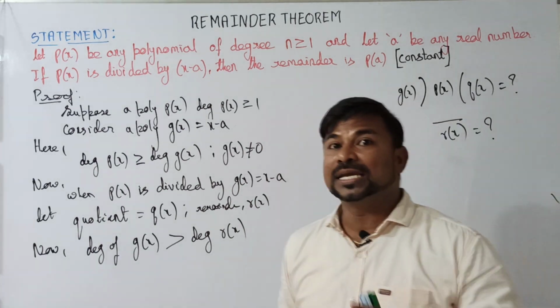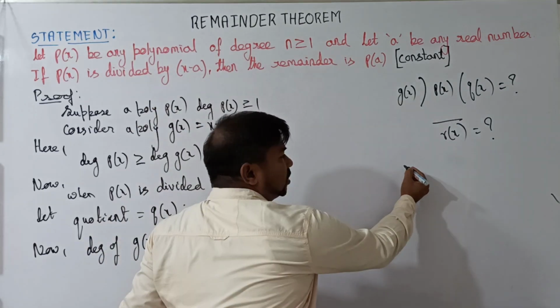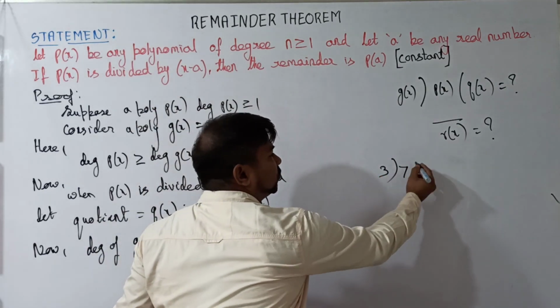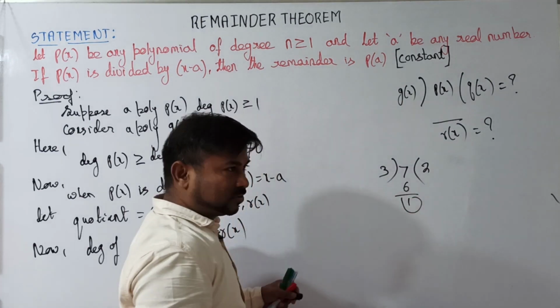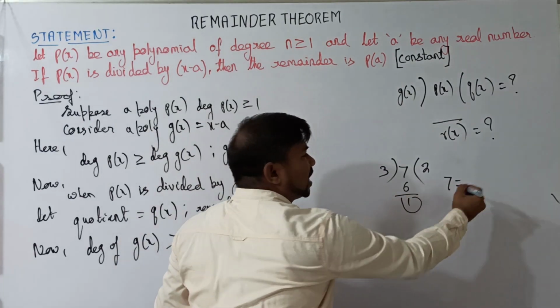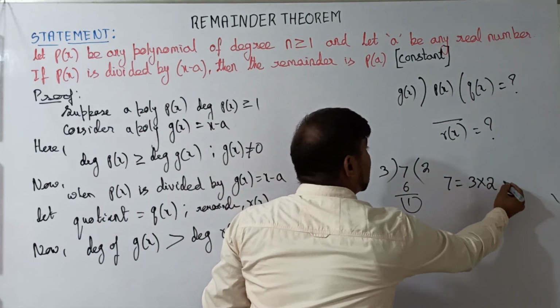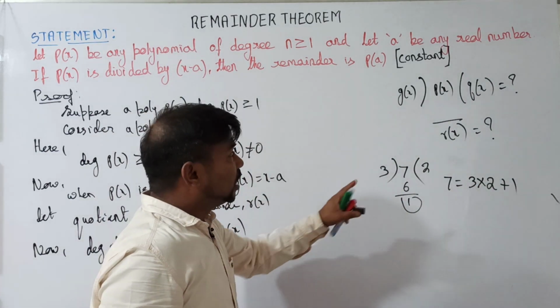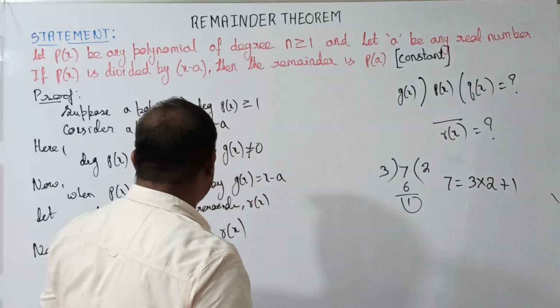Now, applying the division algorithm, if you take 7 divided by 3, 3 twos are 6, and that is the remainder 1. Now, how can we write 7? We can write 7 as 6 into 2 plus 1. If we apply the same logic there, that is nothing but the division algorithm.